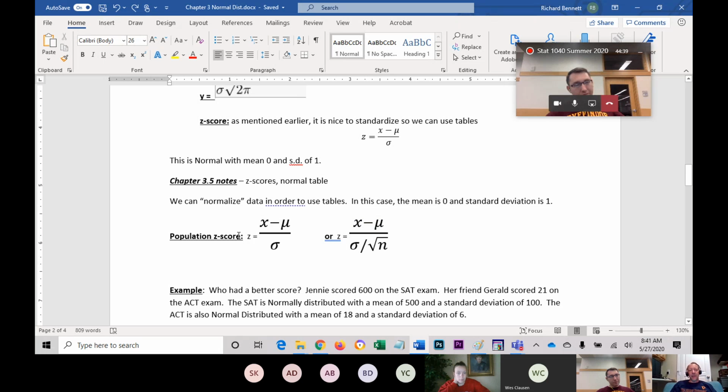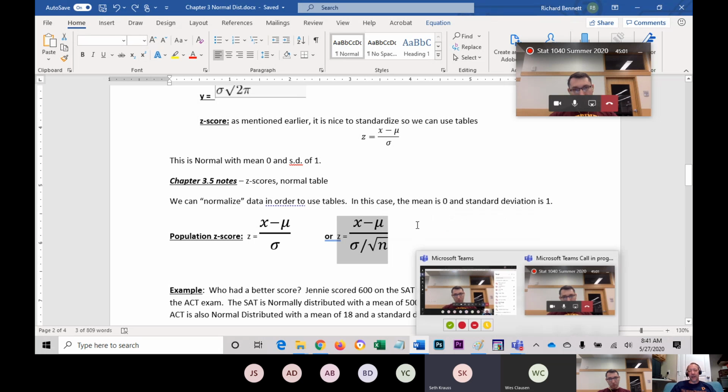So this is the formula you're going to use in chapter 3, and this is the formula you're going to use in a future chapter. And what's going to happen is students are going to get mixed up, and you're going to say, well, which formula should I use?